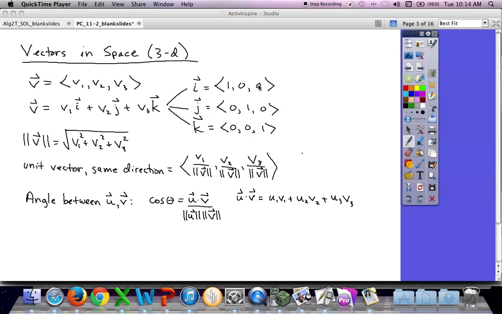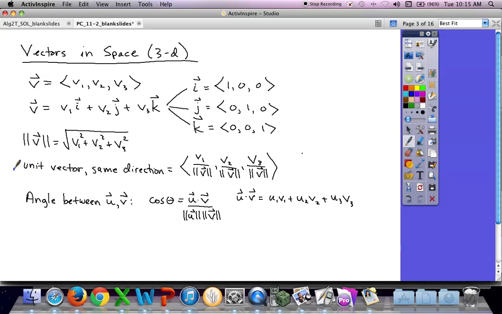It's still a 1 unit vector in the x direction. Goes from the origin, 1 unit in the x direction. j is still a 1 unit vector in the y direction, 0, 1, add the 3rd component as 0. k is a new standard unit vector, and that's the 1 unit vector in the vertical, which is 0, 0, 1.